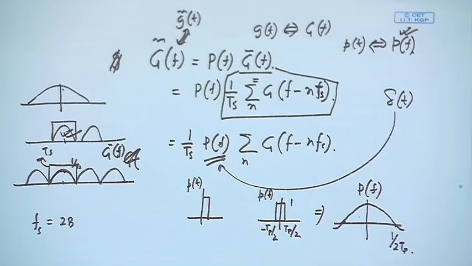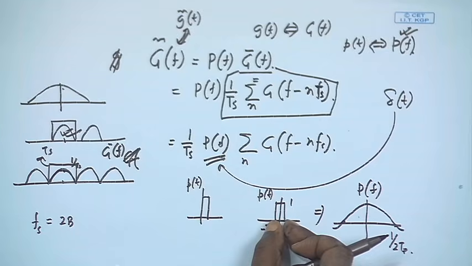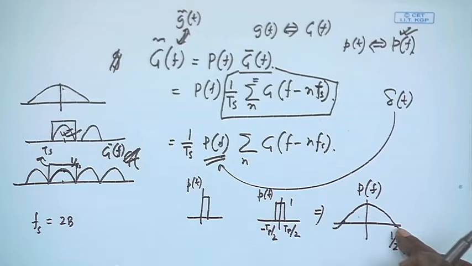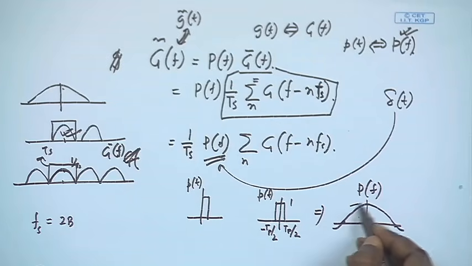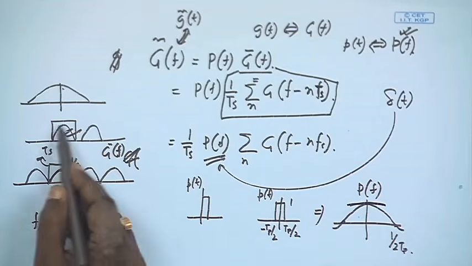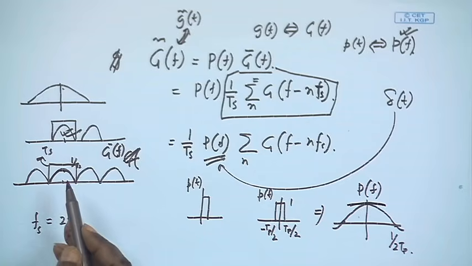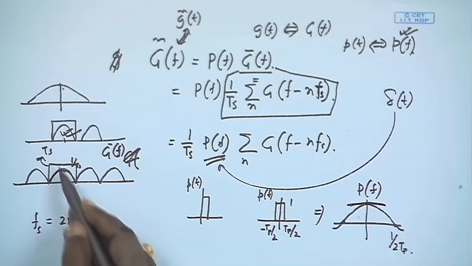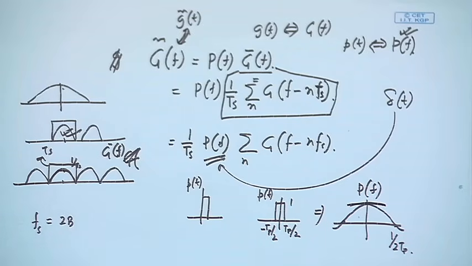If I make this Tp smaller and smaller, what will happen? This 1 by Tp will go further away, and this will almost become flatter in the region of interest from minus b to plus b. There it will not get any distortion due to the presence of the spectrum of P(f). So, that is what you will have to do whenever your pulse is not an impulse function.